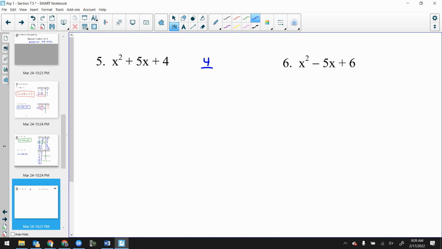And I say, okay, which set of factors is going to work? Right. So it's 4 times 1. There it is. And that's all you need to do. So x plus 4, x plus 1. Because I found factors of 4 that had to get to 5. 4 times 1.